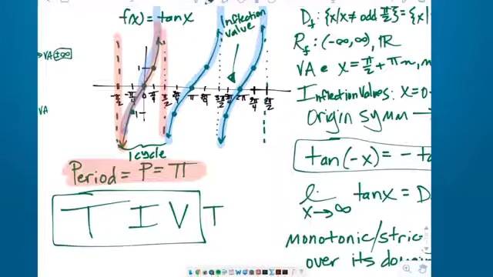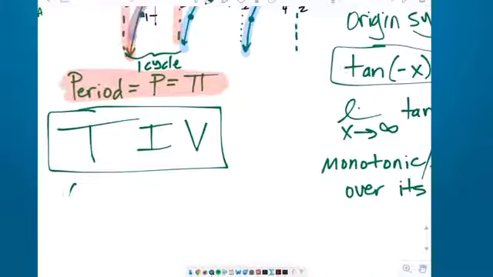So TIV is all you need to sketch one cycle of tangent. If you want to add IV to the end, whatever, you don't need that. One cycle is just TIV. All right? And the period is pi. So sine and cosine counted by quarter cycle intervals. Tangent, we only need to count by half cycle intervals.